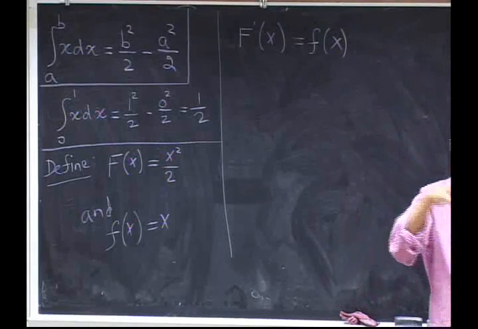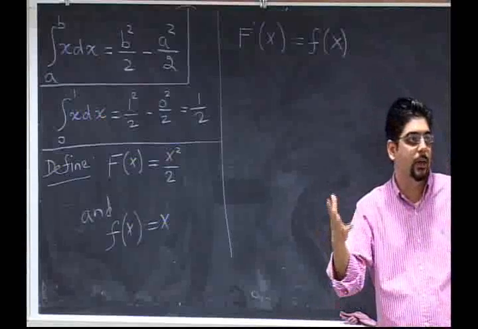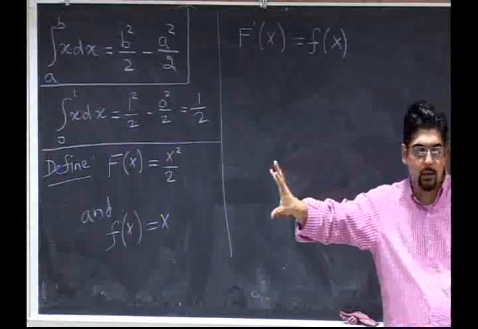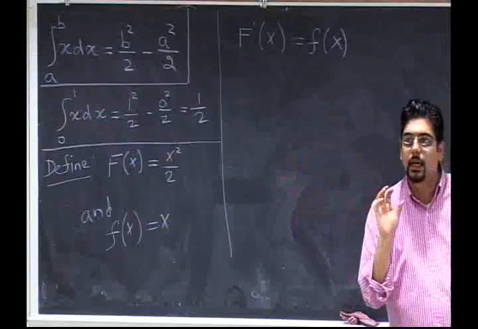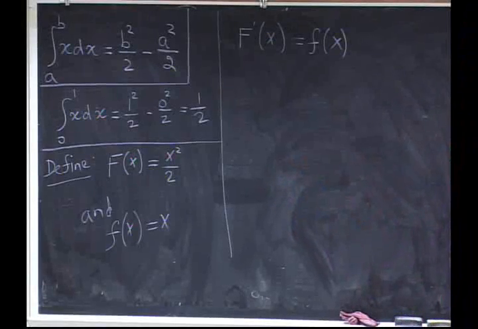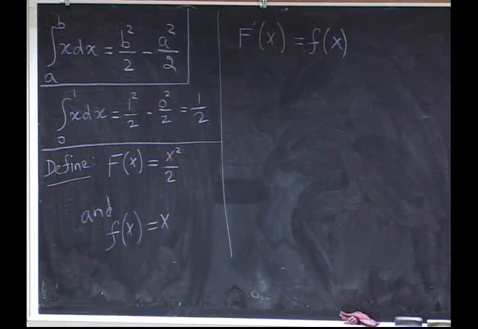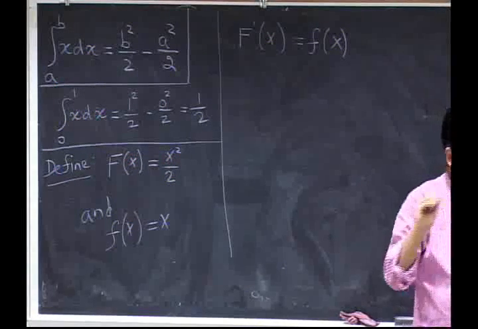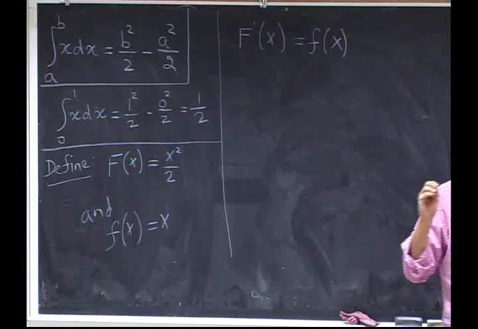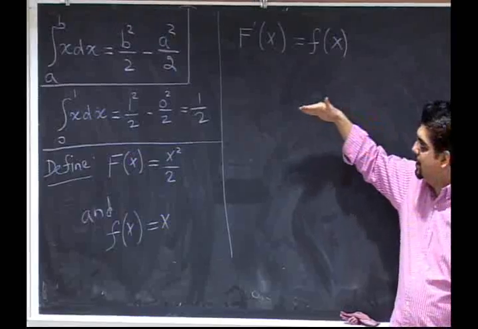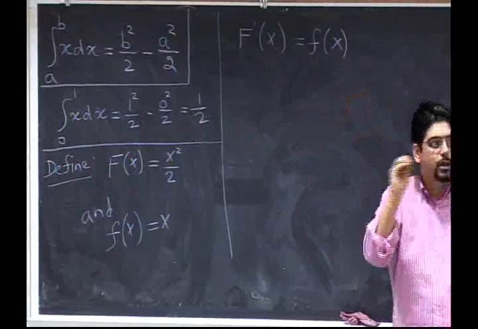So in one sense, we're trying to find the equation of the line tangent to a curve, and that calculation gave us the derivative. And in the other one, we're trying to find the area under a curve, and that gave us the integral. These are seemingly unrelated problems, geometrically at least. But it turns out there is some evidence here that these two ideas are related.